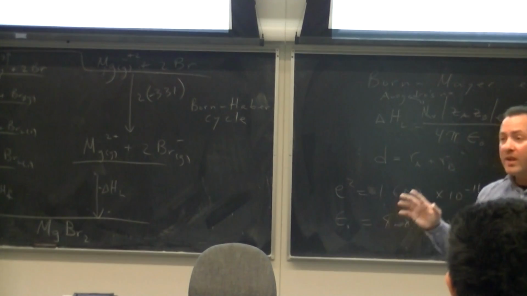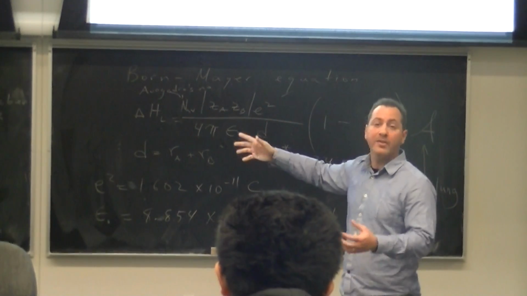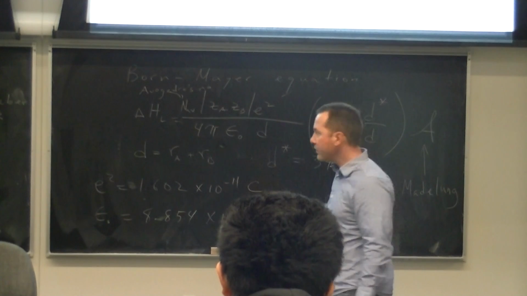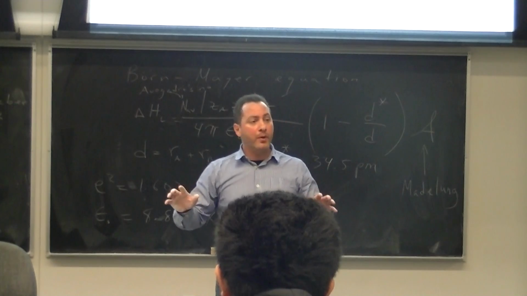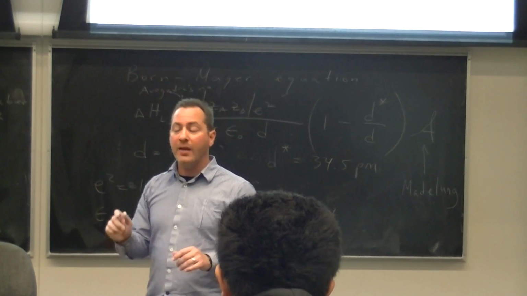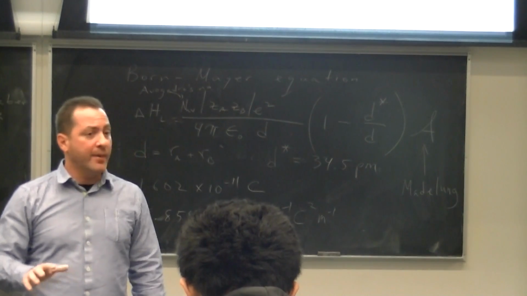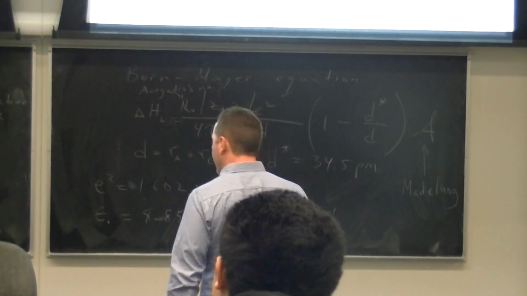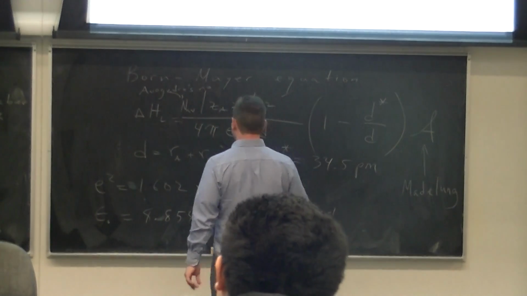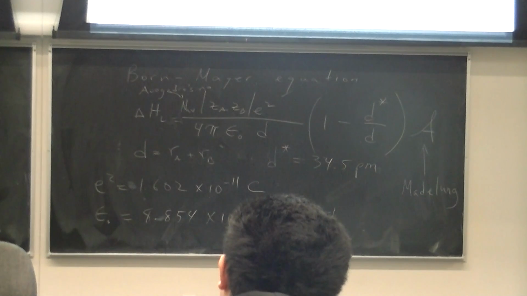So deviations from the Born-Haber equation generally come from covalent contributions that are not being accounted for in the formula. But I was telling you that one of the problems with the Born-Haber equation is that you have to have previous knowledge of the structure of the solid. So there's another equation that you can use that doesn't need any kind of knowledge about the crystalline structure.